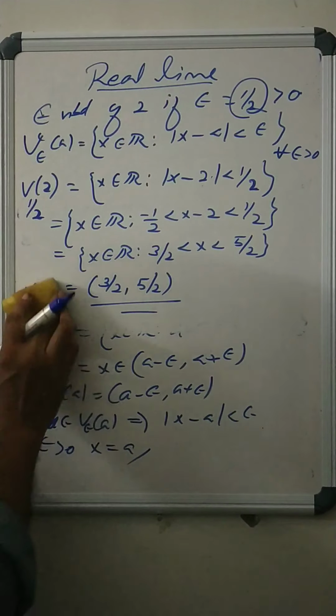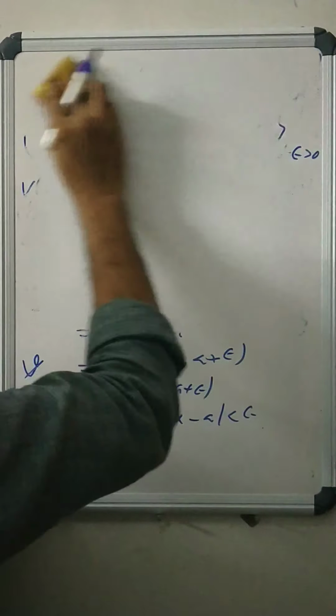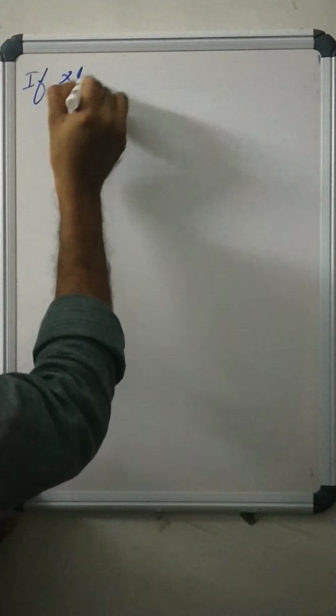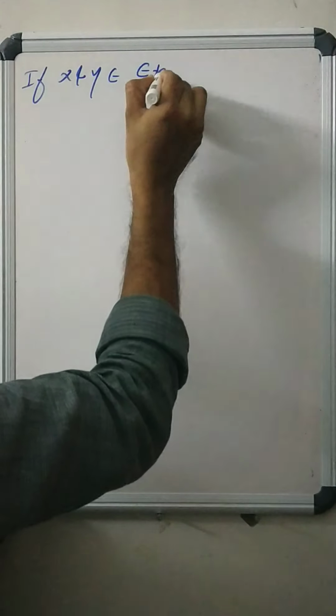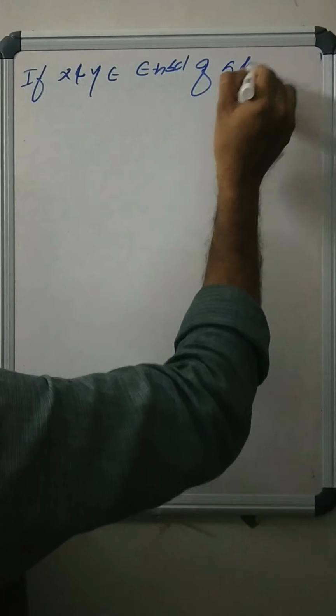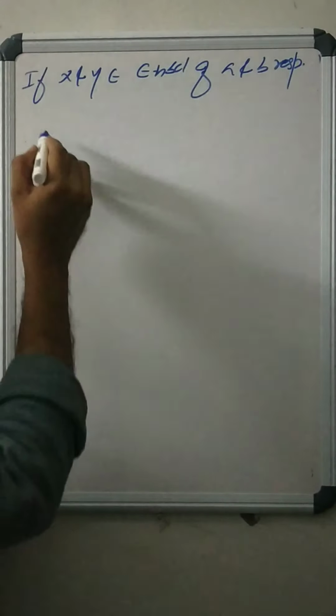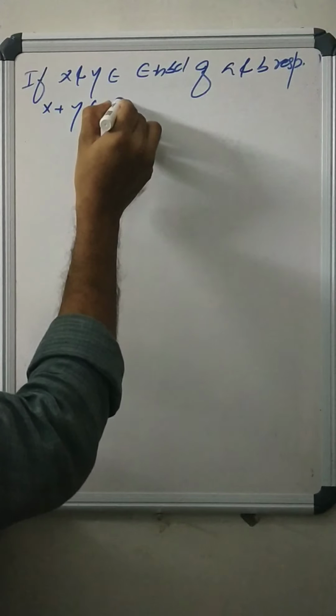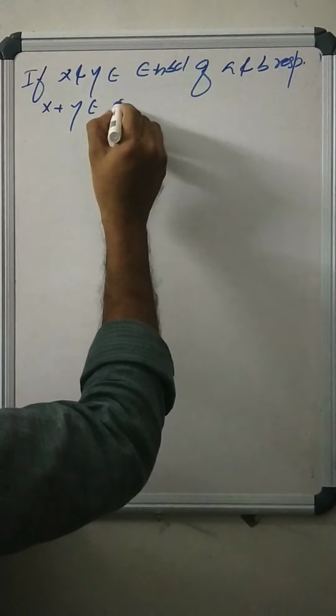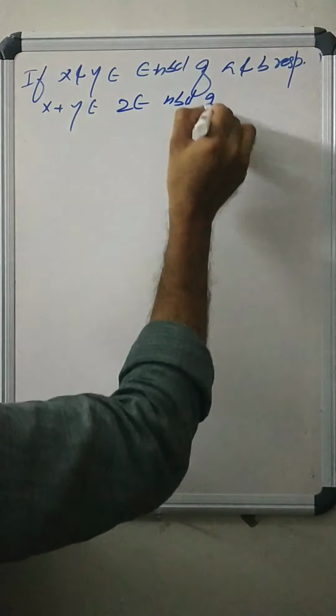Now, if x and y belong to the epsilon neighborhoods of a and b respectively, then x plus y belongs to the 2 epsilon neighborhood of a plus b, not the epsilon neighborhood of a plus b.